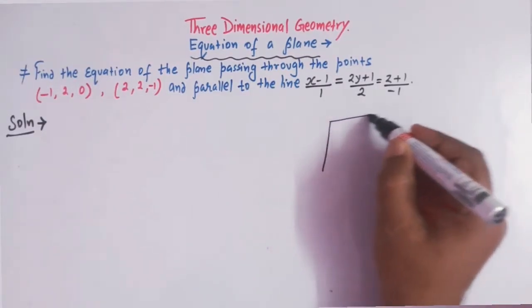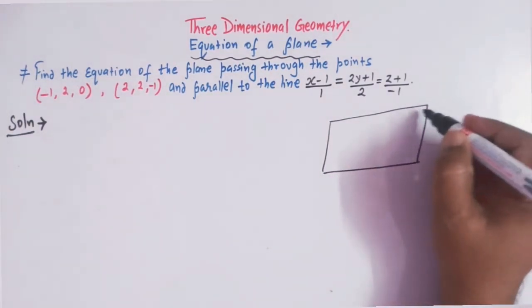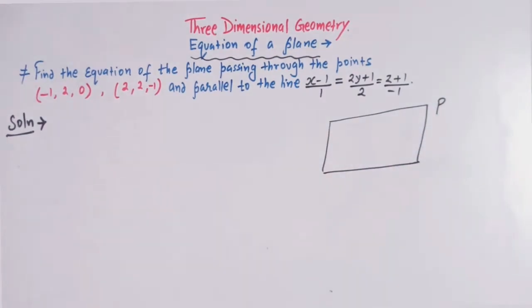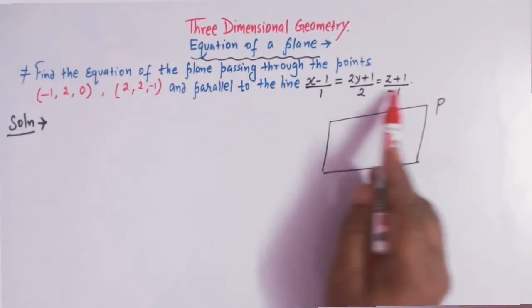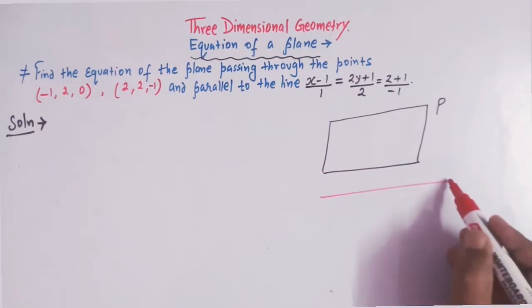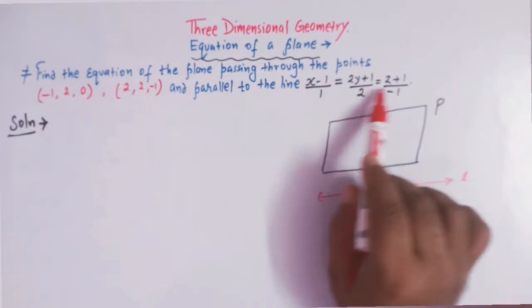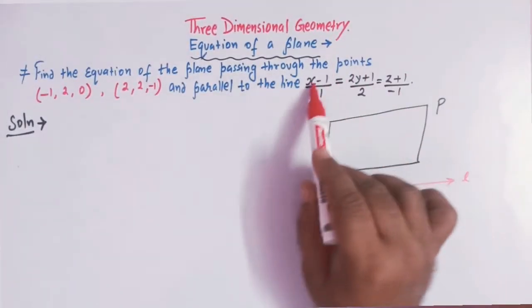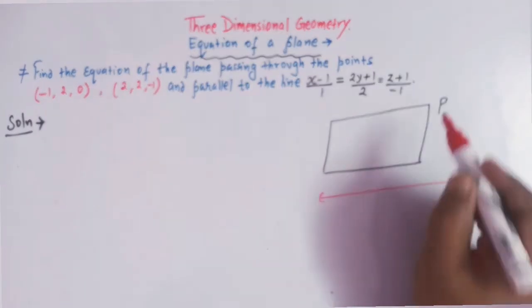Let us draw the plane. This is the rough diagram and let us denote this plane by P, right? Okay, and now this plane P is parallel to this line, right? So let us draw the line like this, and this is the line L, right? And the equation is given by this expression, and these 2 points lie on the plane, right?